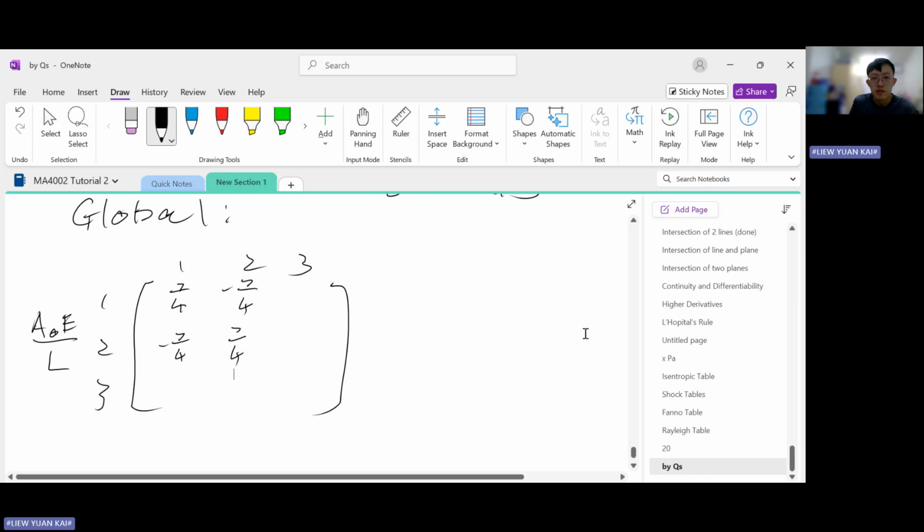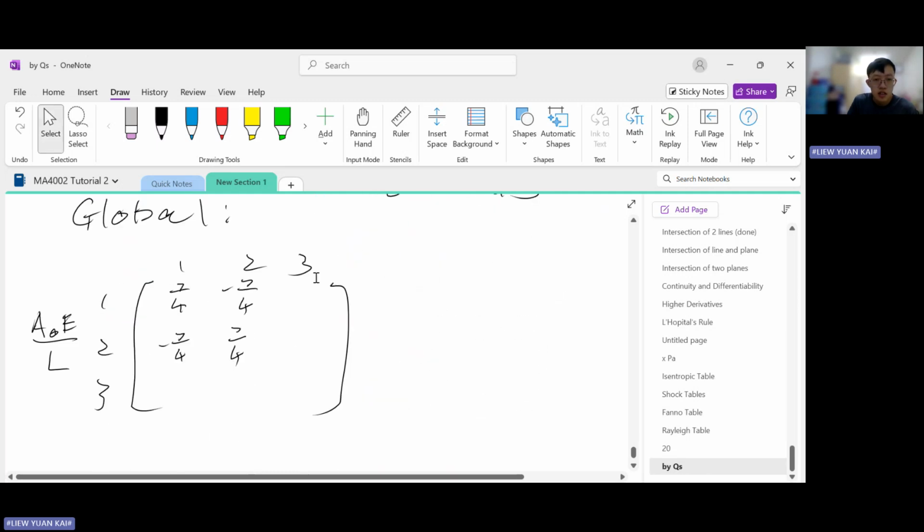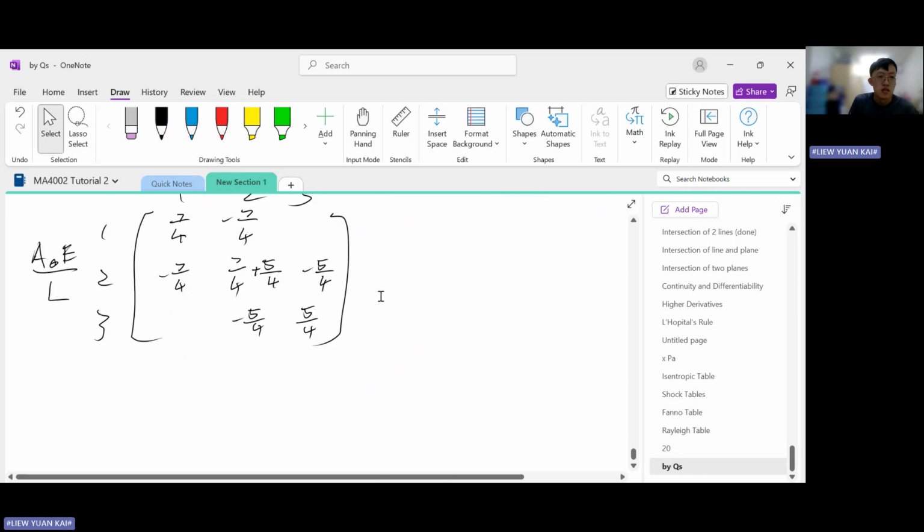Whereas for element 2, we fill up row 2, column 2, row 3, column 3 with 5/4s. Okay, so yeah, that's it. In the middle here, we have 12/4, which is actually 3.